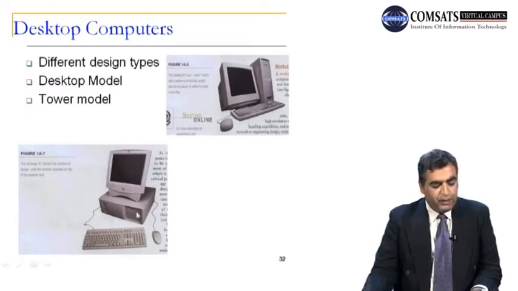Many users place their monitor on top of the system unit. The vertically oriented tower model has become the more popular style of desktop computer. This design allows the user to place the system unit next to the monitor on the table, or it can be placed under the table.